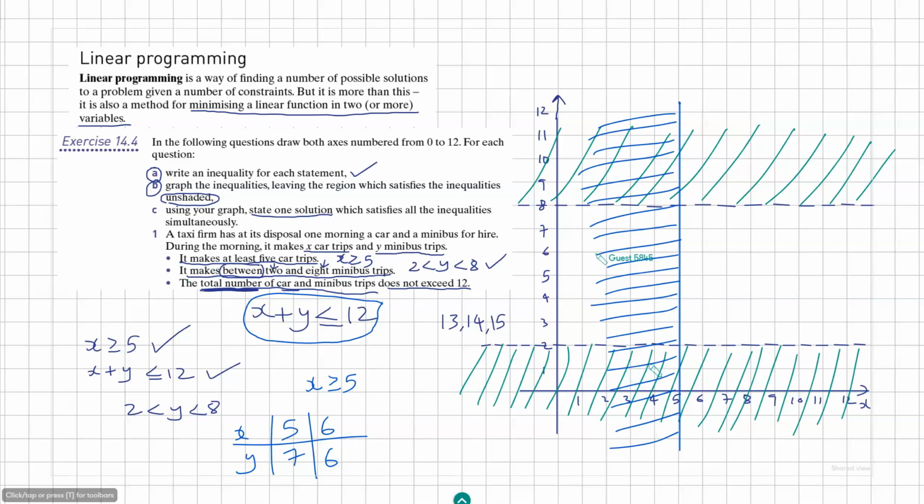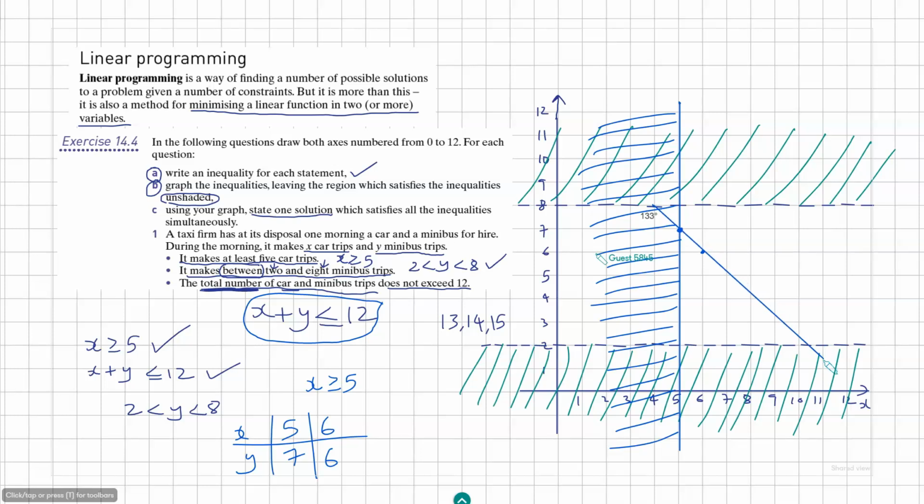So 5, 7 is here, right? Then 6, 6 is here. So we just draw a line joining these two, right?